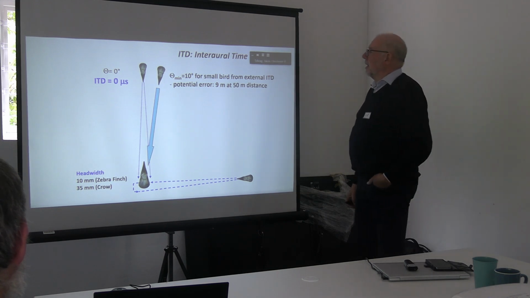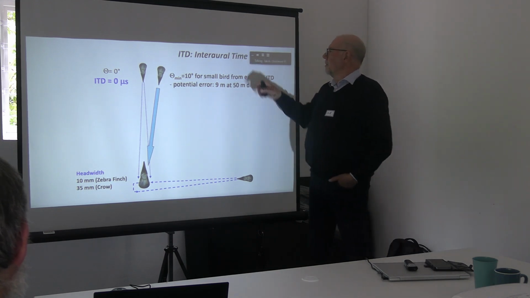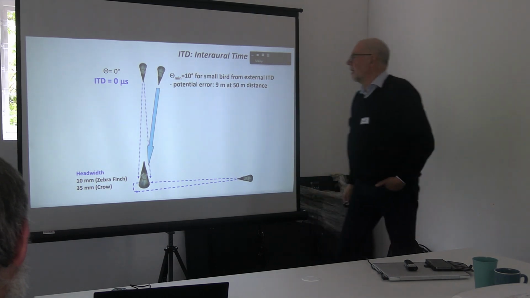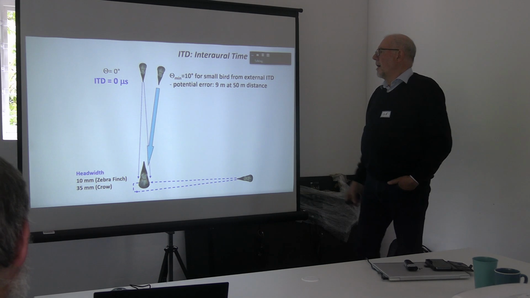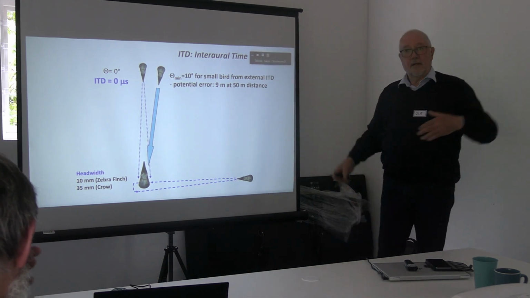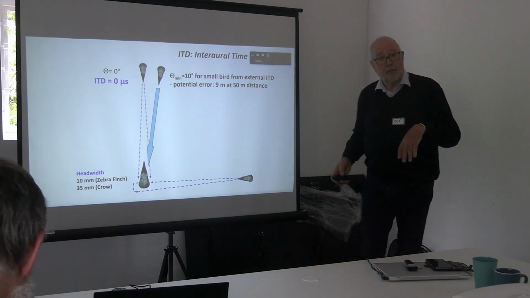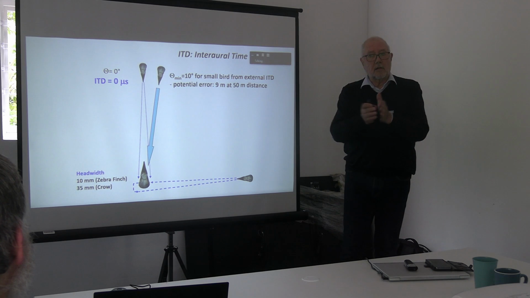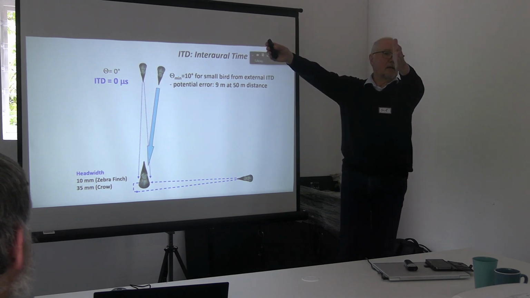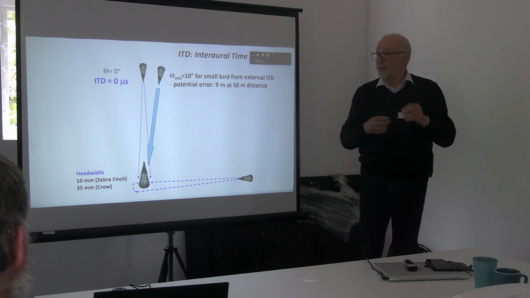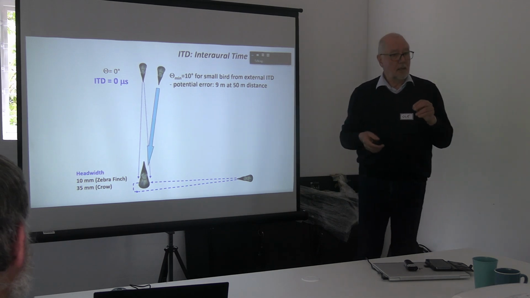So for a small bird, when it comes to interaural time differences, it would be something like 10 degrees. But the further away the other bird is, the bigger problem you get into. For instance, at 50 meters, your potential error would be 9 meters. So you can fly in the direction you think, but then you really have to look.